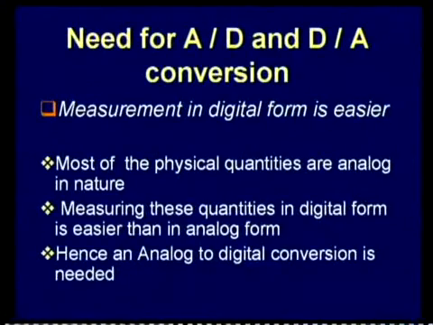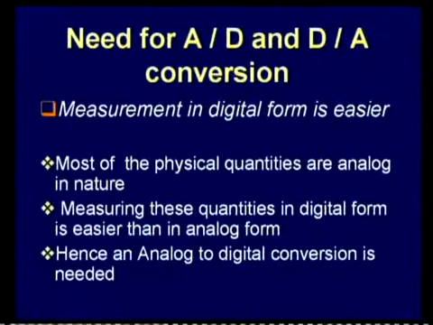The first question that arises is why we require the analog to digital conversion and also the digital to analog conversion. It is necessary because in general the equipment we use will consist of both analog as well as digital signals.